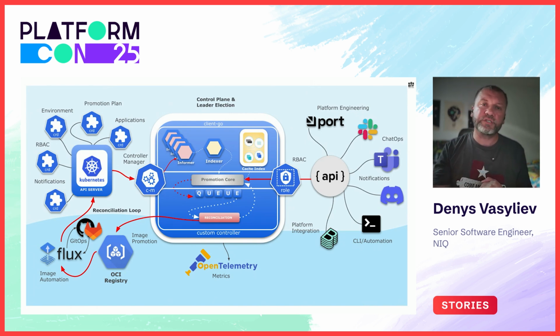This controller watched specific CRDs, custom resource definitions, and took actions to promote, rollback, or validate releases in real time automatically. It made promotion auditable, observable, and resilient, removing friction from the development process. It wasn't just about the deployment, it was about the trust that the platform would consistently do the right thing.